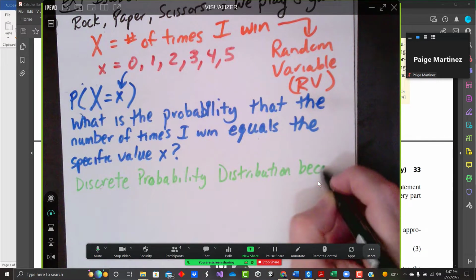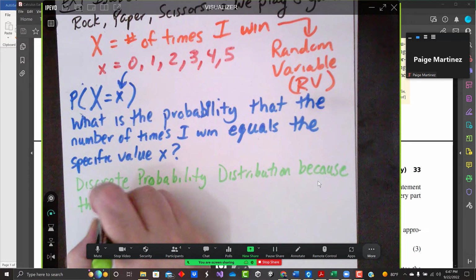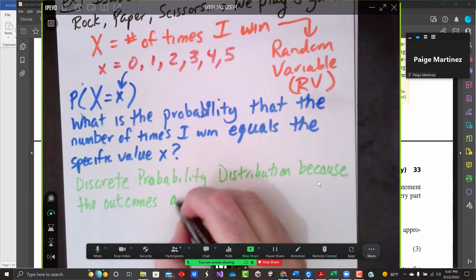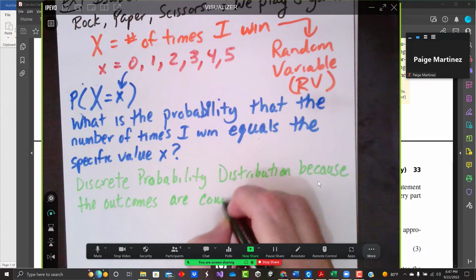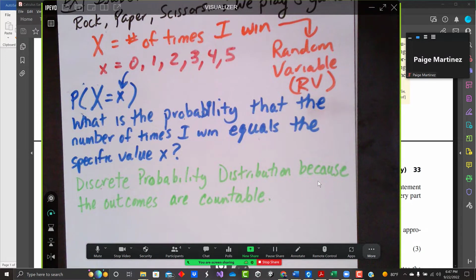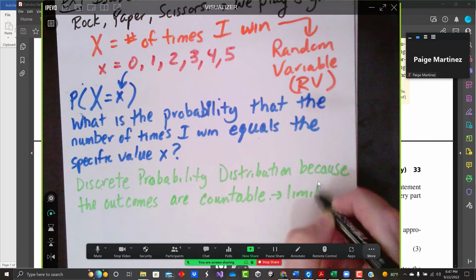Because the outcomes are countable. And by countable, I mean there's a limited number of them.